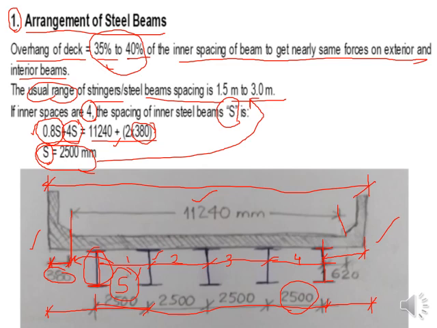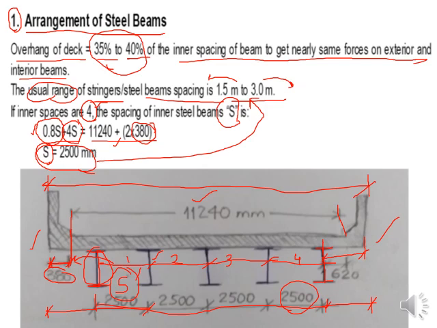So if this S comes out to be less than 1.5 meters or more than 3 meters, then you can revise this number, this 4. If it comes out to be less, then you decrease the spacing. If it is more than that, then you can increase the spacing.